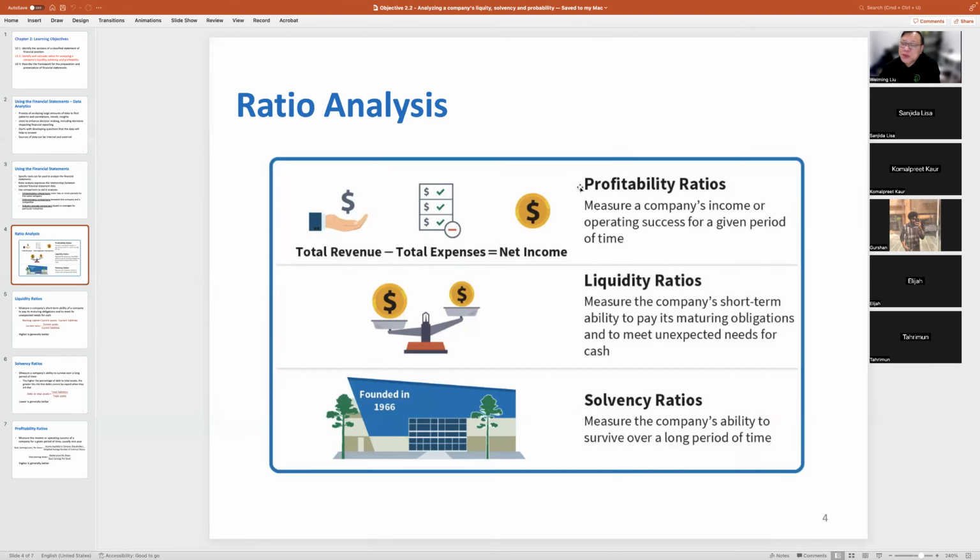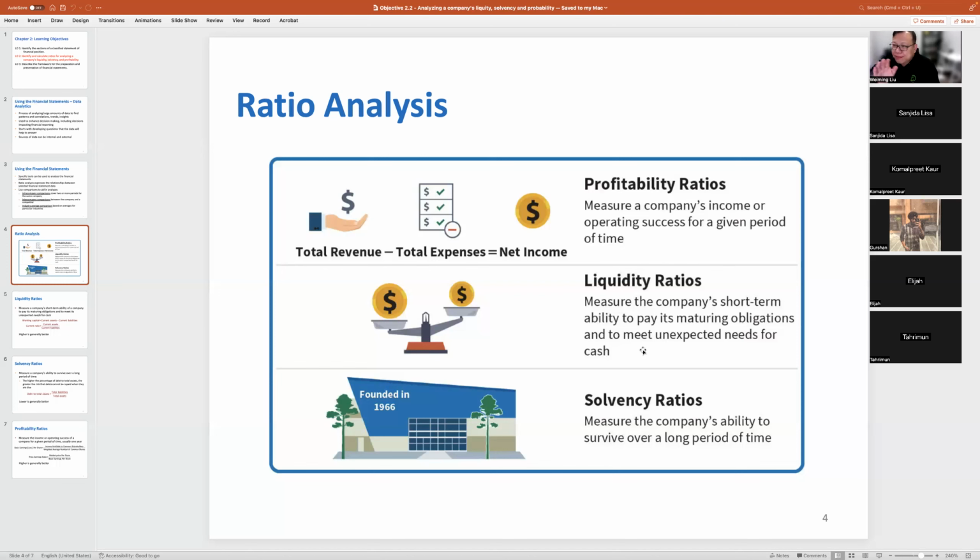So what's the profitability ratio? This ratio measures a company's income or operating success for a given period of time. What is liquidity ratio? It measures the company's short-term ability to pay its maturing obligations to meet unexpected needs for cash, okay?